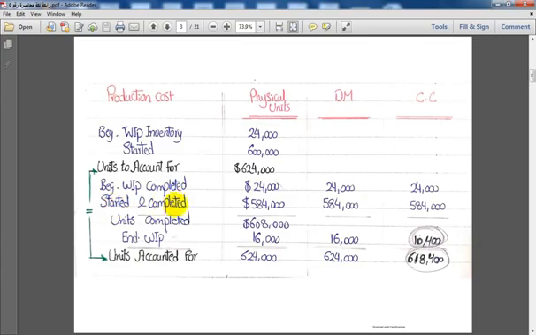Started and completed 584,000. So we have this number, but this number is unknown. But we have the total finished goods, or the total units completed, 608,000. We have 24,000 of them from beginning work in process. So the residual amount equals 584,000.